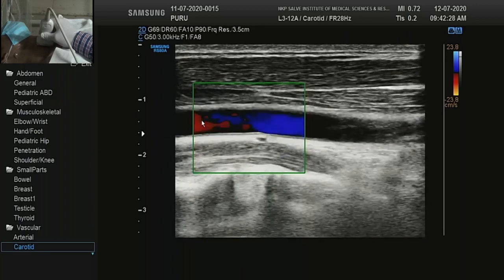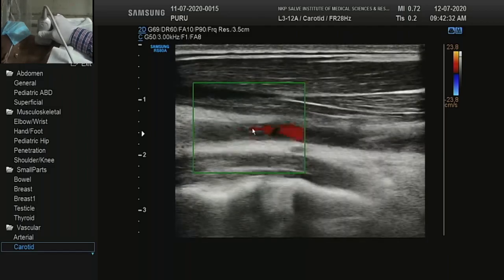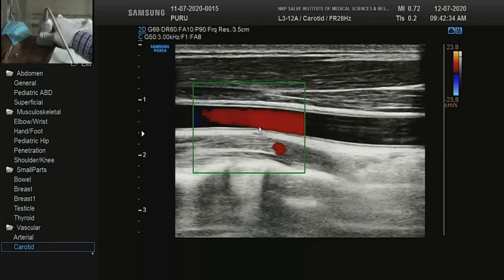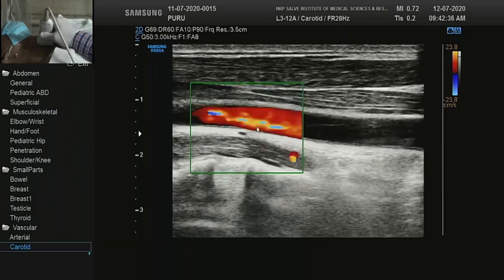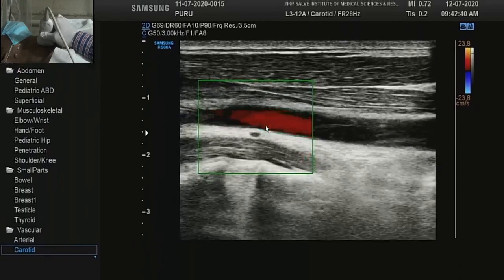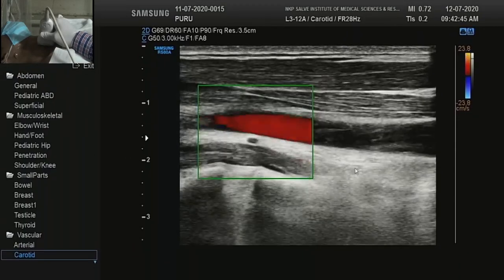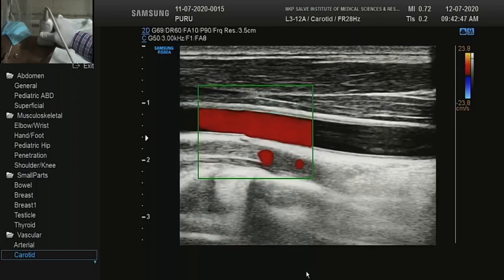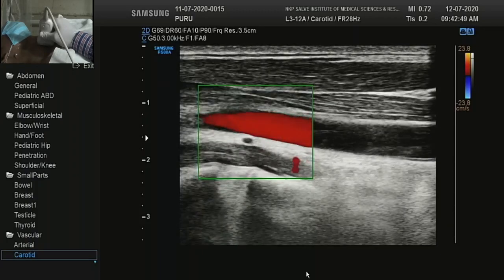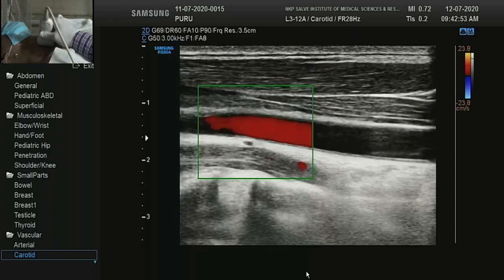So to have ease, we usually adjust our settings so that the blood coming towards the probe is seen as red. But whenever you find that something is not seen as it should be, then check the color scale and check the position of the probe. For this reason, you need to have only two positions, a transverse and a longitudinal section.